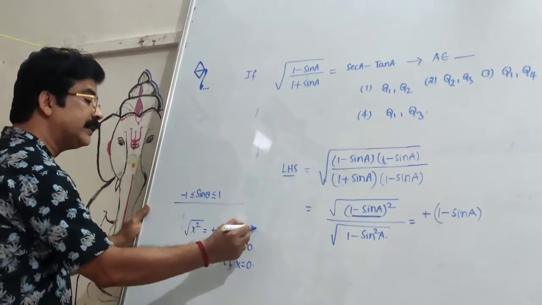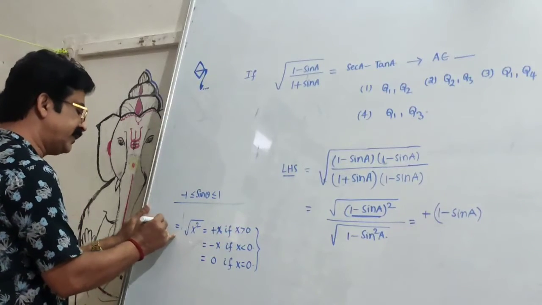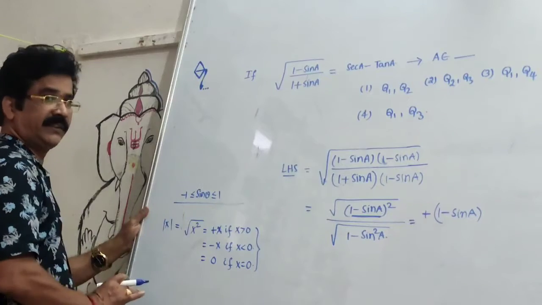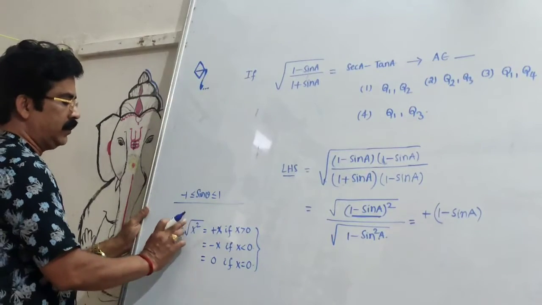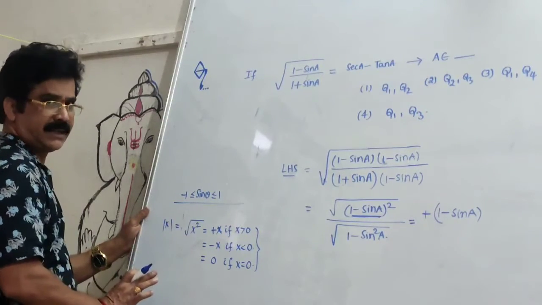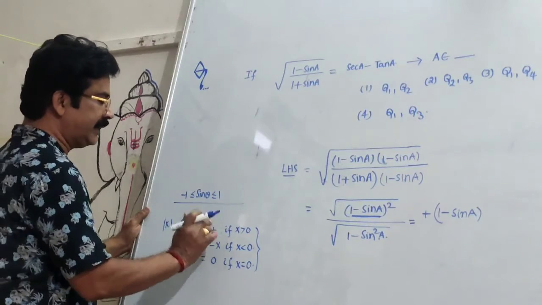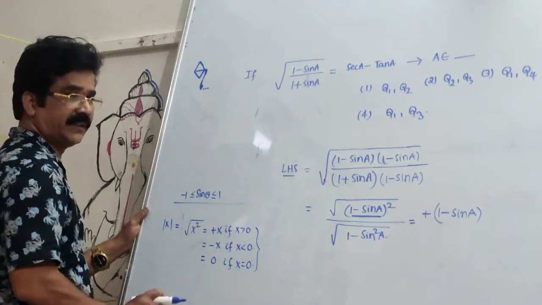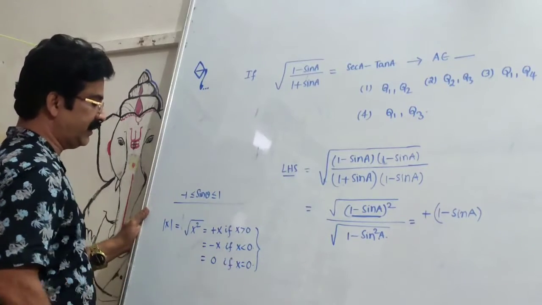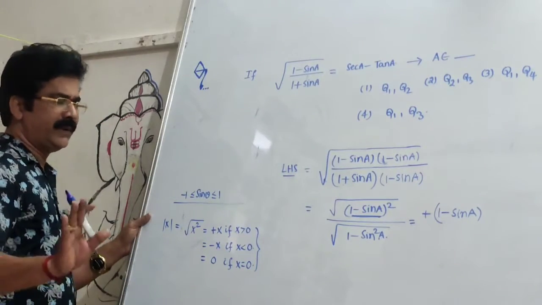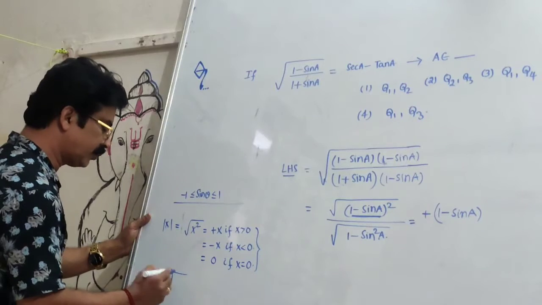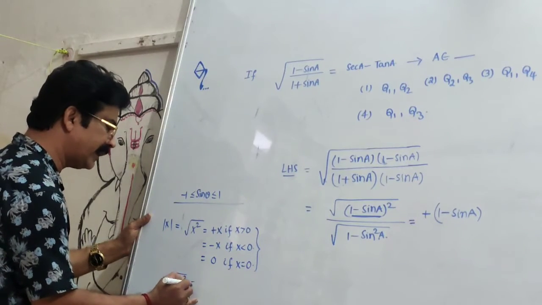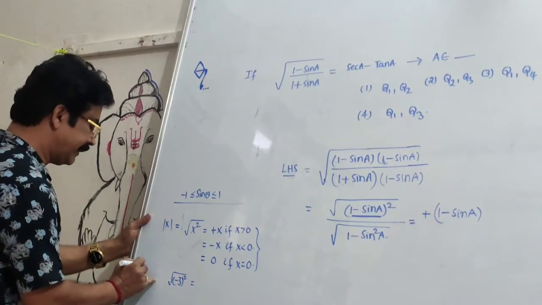So it is the definition, nothing but modulus of x. Modulus of x is same as root of x square. Understand? So it is plus x if x is positive, minus x if x is negative, 0 if x is equal to 0.